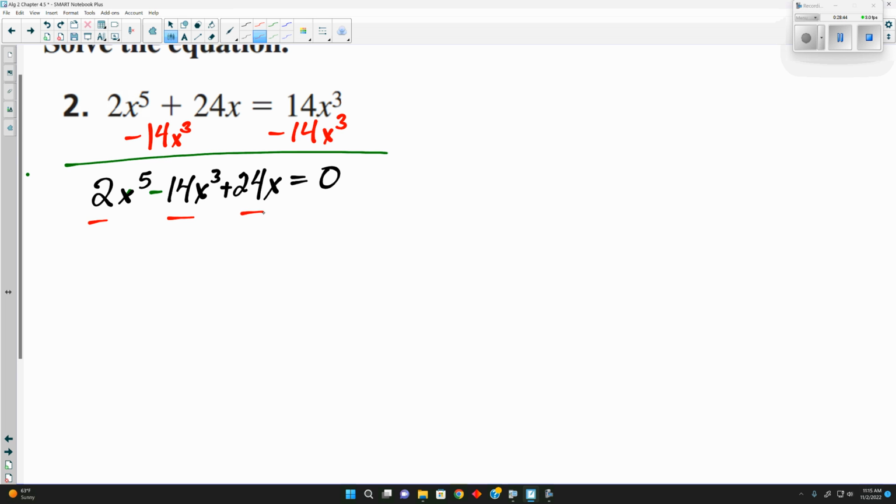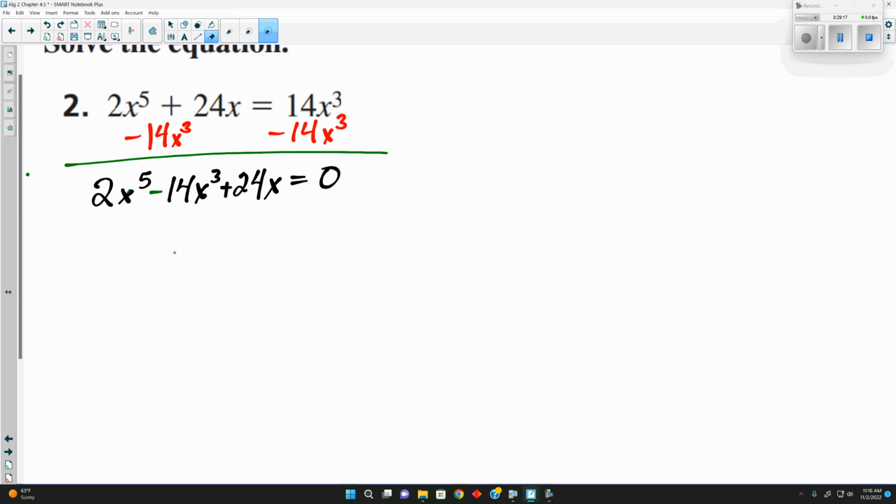So if I plug 0 in, 2x to the 5th, well, 0 to the 5th is still 0 times 2 is 0. 14 times 0 to the 3rd, well, 0 to the 3rd is still 0 times -14 is 0. 24x, 24 times 0 is 0. So really, any of these here, if we do not have a constant term, we know one of the values is going to be 0.